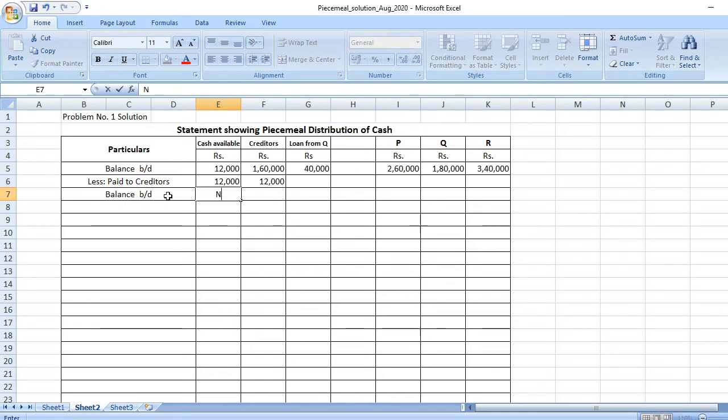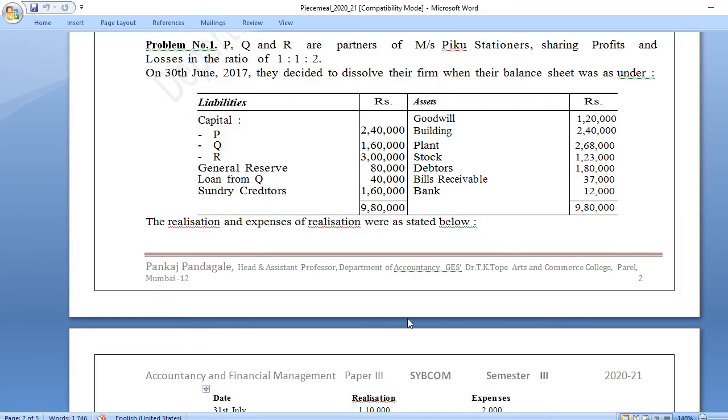Now we don't have any cash. We paid the 12,000, and the rest of the amount, 1,48,000, we still have to pay to the creditors.